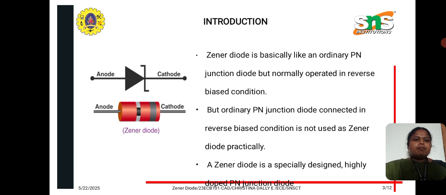An ordinary PN junction diode, when connected in reverse bias, is not used as the Zener diode practically. So why do we prefer this Zener diode, and why does it act in reverse bias? It is a specially designed, highly doped PN junction diode.